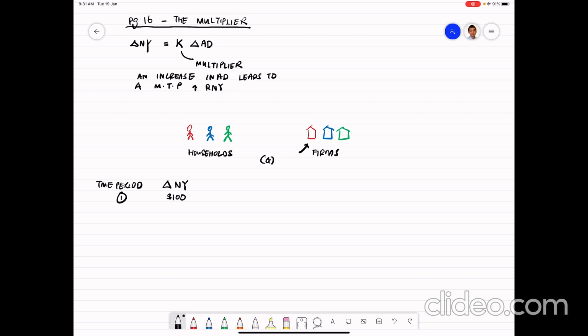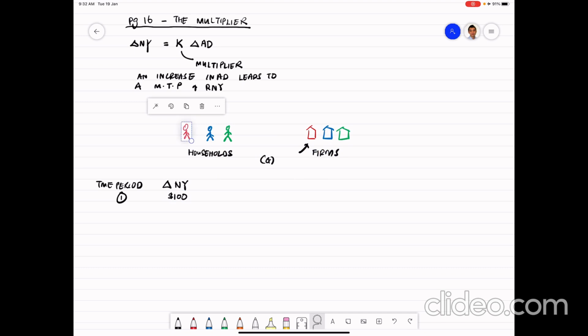Okay, so here comes the magic, right? The red dude receives, so remember, he has this extra $100. What he's going to do is spend part of it on buying the blue color dude's stuff. So the red color man goes shopping in the blue color firm.